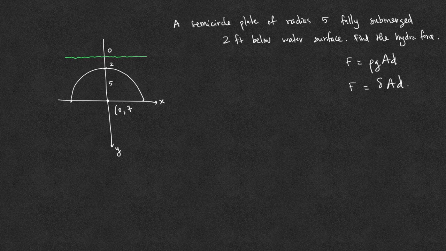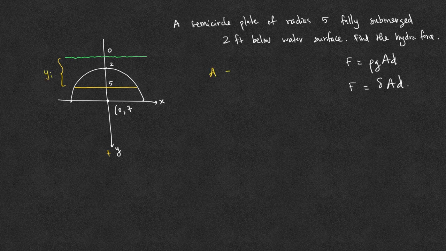To find the force, we would need to slice this plate horizontally. Everywhere on this slice has the same distance from the water level. If we position the coordinates so that the positive y-axis is pointing down, then the distance from the origin y equals 0 to where we slice is y sub i.